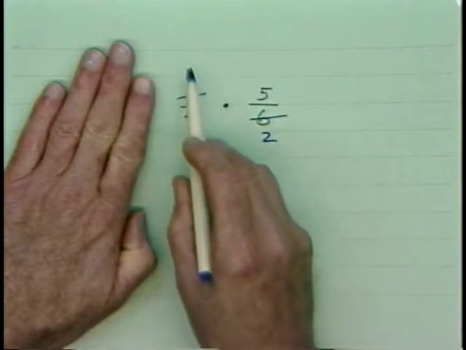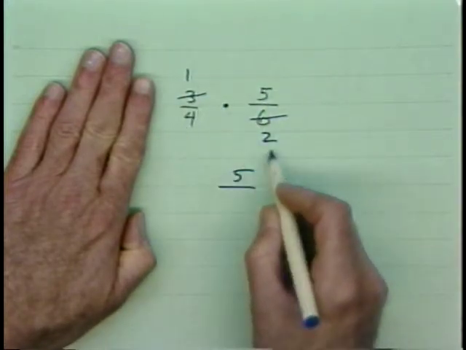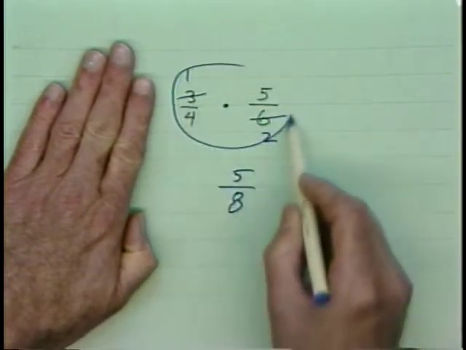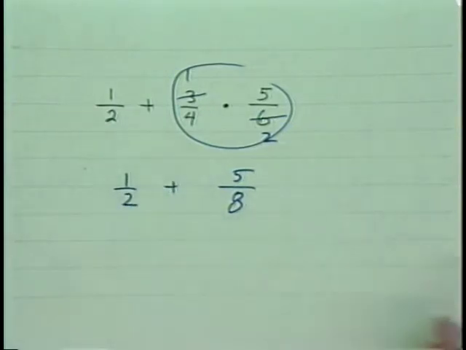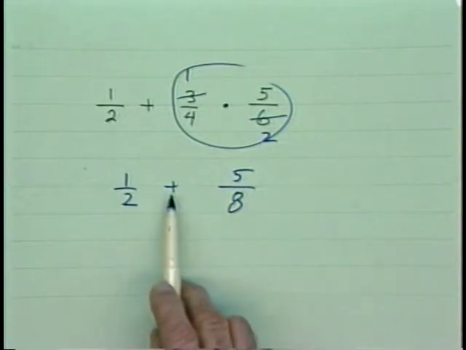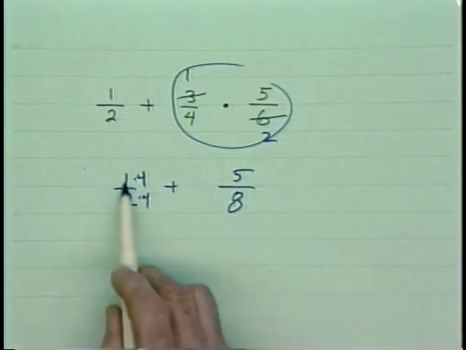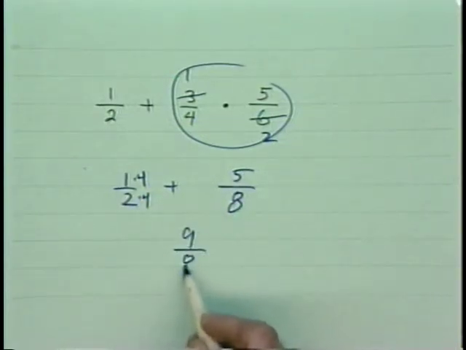Then performing the multiplication, I get 5/8, and now put those results into the original problem and decide what to do next. In this case, there's only one addition. So getting common denominators very quickly, I have 4/8 plus 5/8 is 9/8.